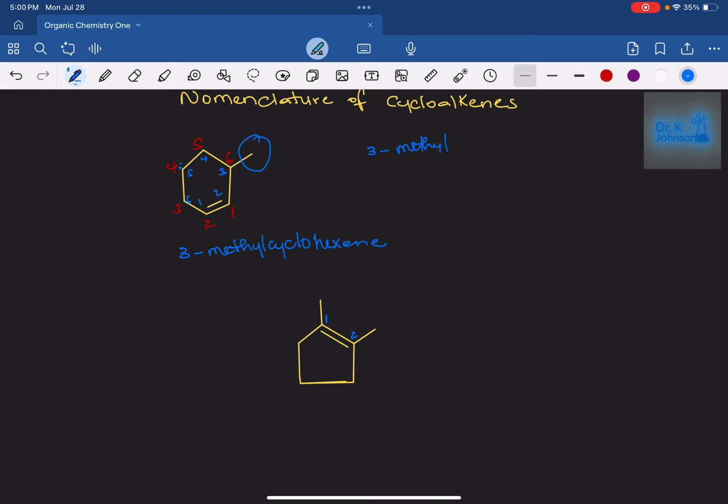Your substituents are going to be on 1, 2, and they are the same substituent. So to name this, I have a methyl group on 1 and a methyl group on 2. So it's going to be 1,2-dimethyl. My ring has 5 carbons, which means it's a ring, so you must write cyclo. 5 carbons, and we have a double bond, so it's pentene.